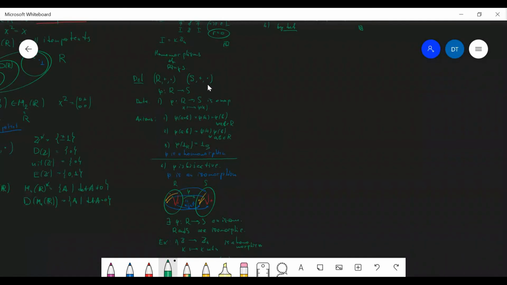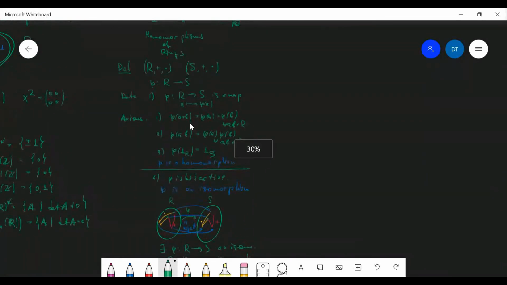So what is a homomorphism between two rings? When you're given two rings R and S, a homomorphism is a map from one ring to another one, and this map is compatible with the ring structure. What does it mean? It means that it preserves the addition, it preserves the multiplication, and it preserves the identity element.